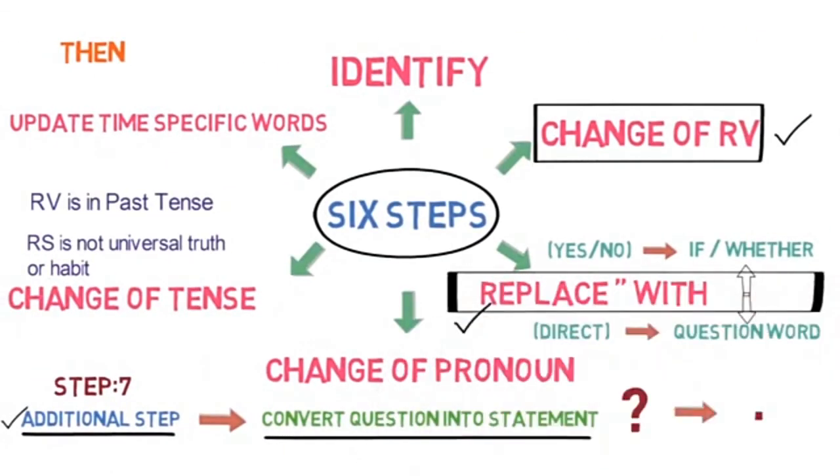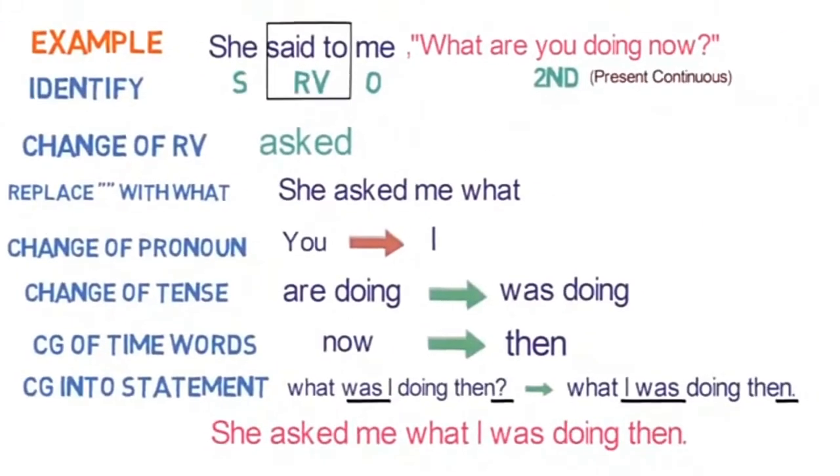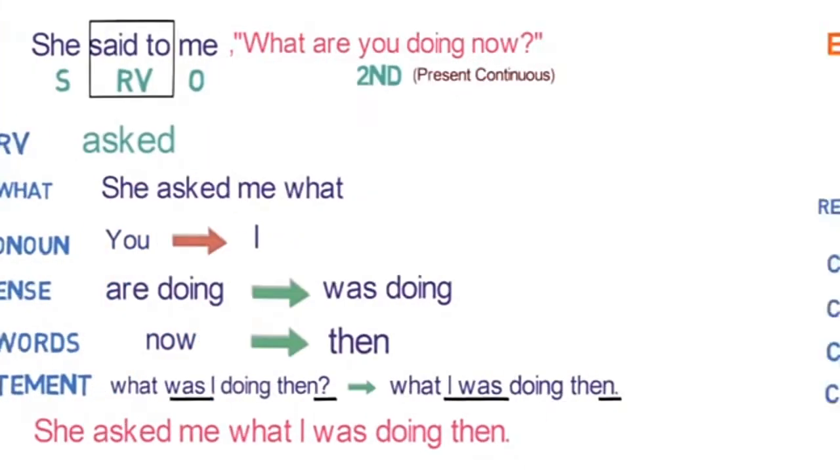Replace inverted comma with WH word if the reported speech is in direct question form, and if or whether if it is in yes-no form. And number 3, an additional step, convert a question into a statement at the end of all 6 steps. After that, we looked at some of the examples of it.